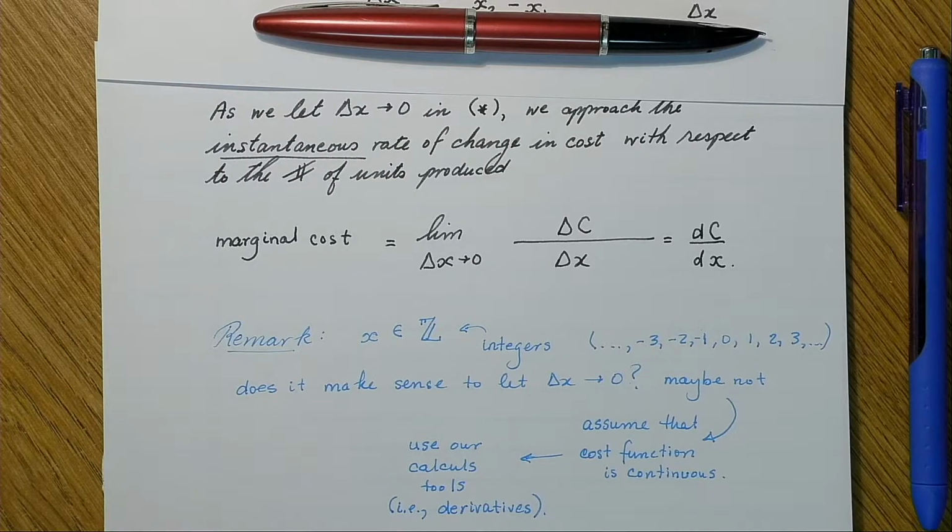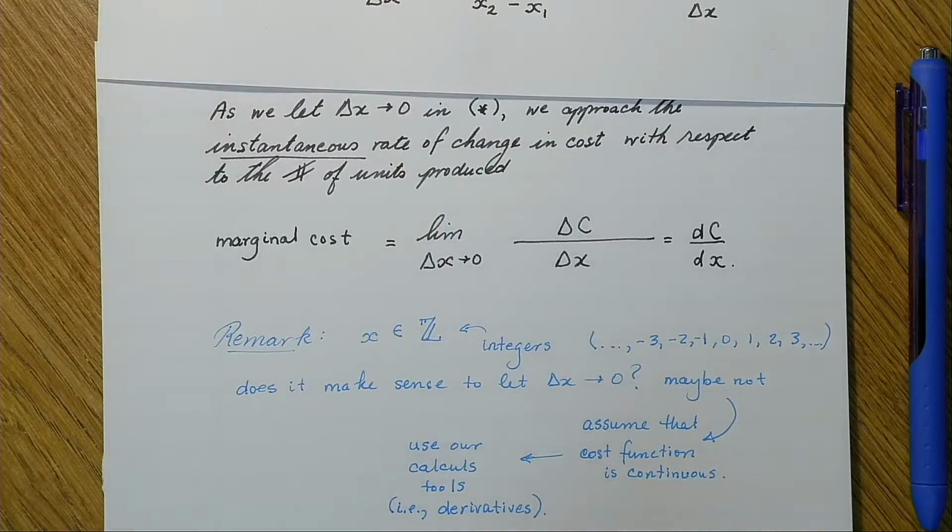Okay, so that's what we're going to do. When we're using cost functions, we model it using a continuous function, even though we know that we can't have, say, half a unit, because that's just not possible.